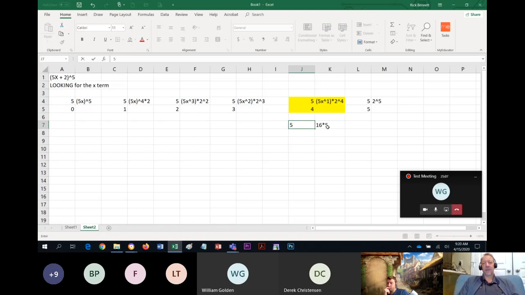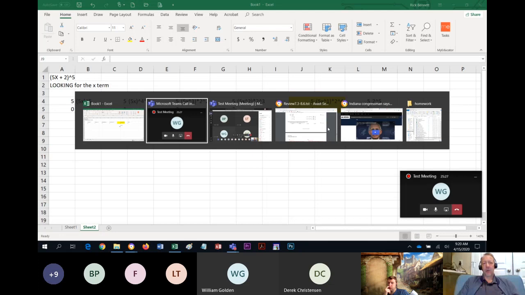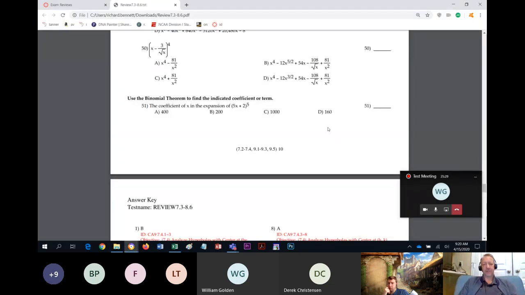Yeah, 5 factorial over 4 factorial, 1 factorial. That's going to be just 5. So basically, we just need to multiply those two together. 5 times 16 times 5 is 400. Does that make sense? Yes. Okay. All right. What other questions do you have?